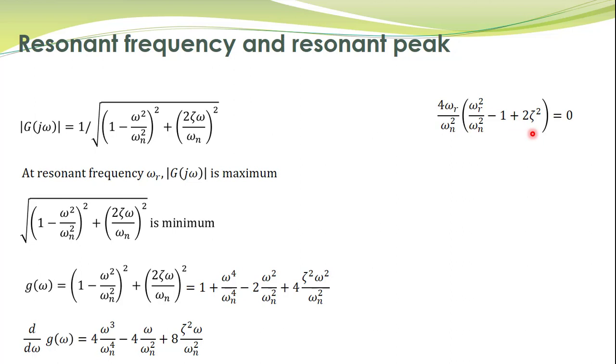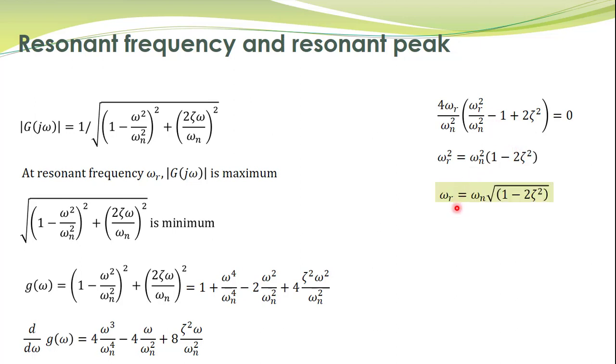So what is the frequency? One solution to this equation is omega r equal to 0. Of course, we are not interested in that particular frequency. And from the term inside these brackets, we have omega r square equal to omega n square times 1 minus 2 zeta square.